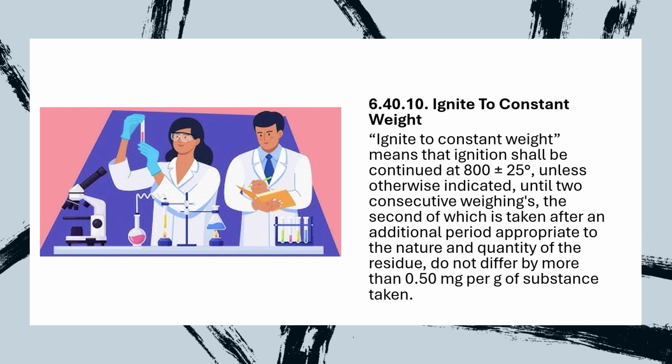This process will be continued until the difference between the last weight and the current weight is not more than 0.50 milligrams per gram of substance taken, right? For the detailed video of all of this section, I'll prepare different videos.